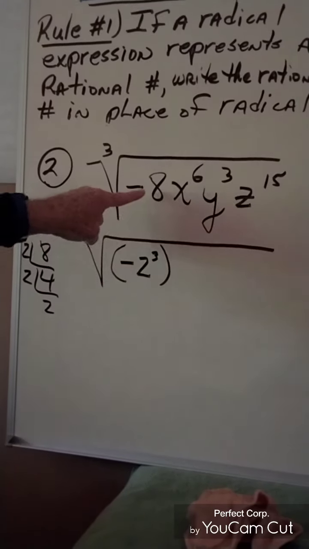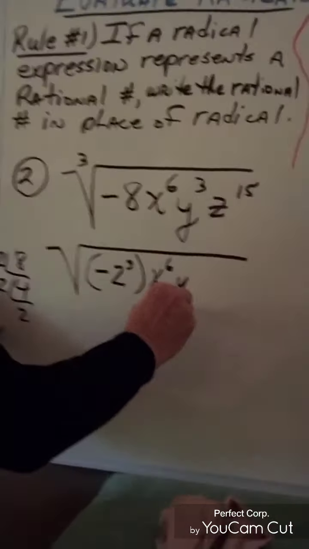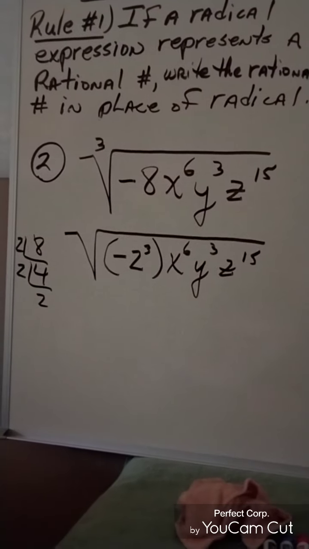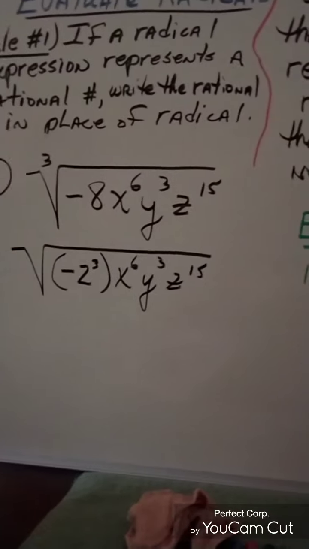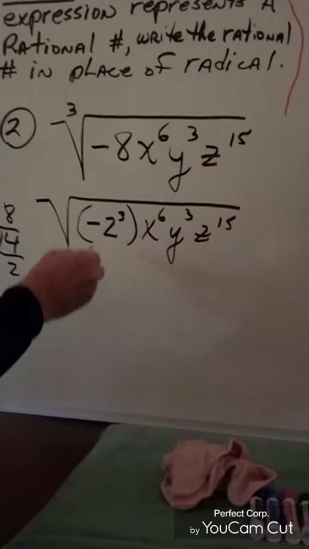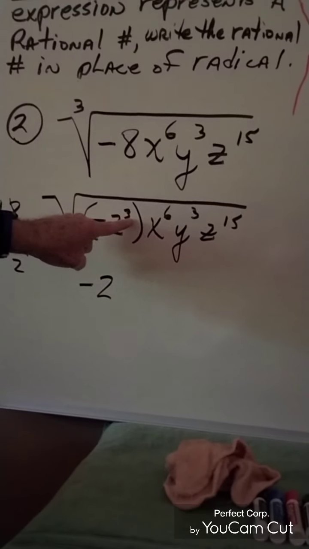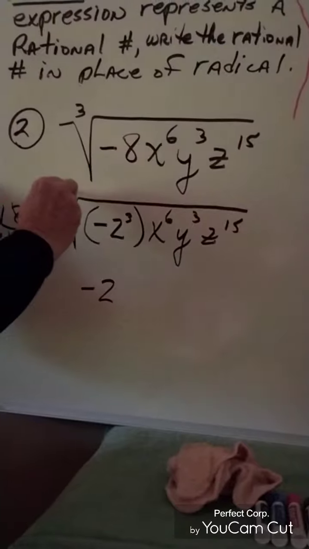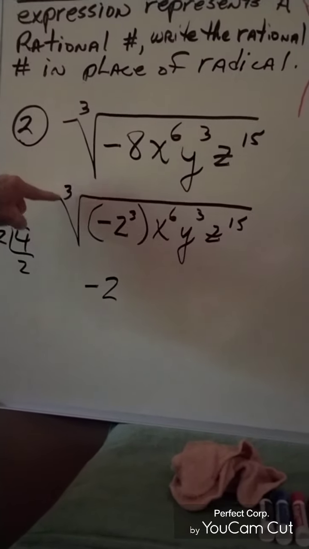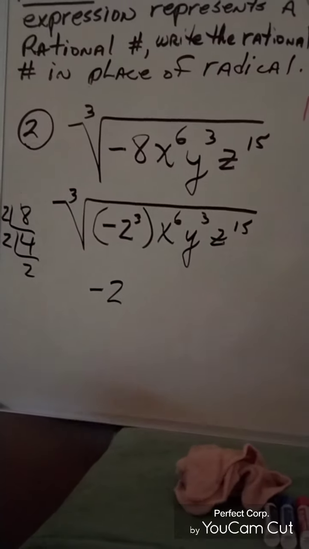That is -8. Bring down that x to the 6th, y cubed, z to the 15th. Let's divide about 4 times. Bring down that base of negative 2. Take its exponent, divide it by the index of 3. 3 divided by 3, a negative 2 to the first, or just simply negative 2.